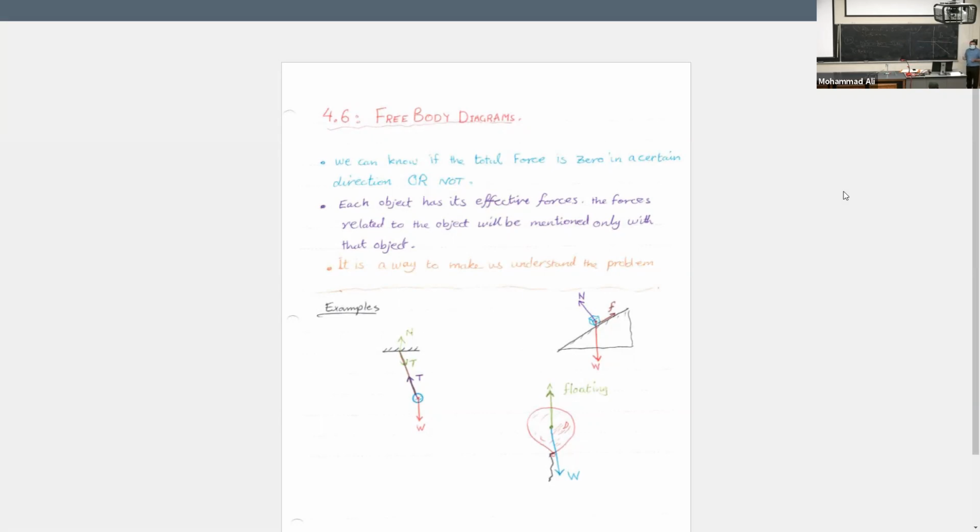It's a good way to think in physics. Then we have a flying kite. Just one object. It doesn't interact with any object, just the thread. Okay. We have a normal force between the thread and the kite at this point.